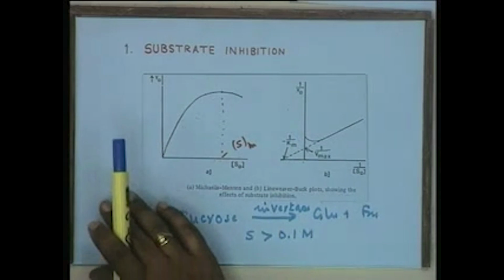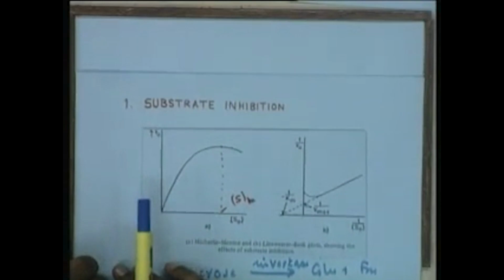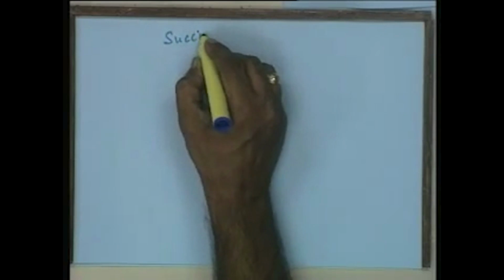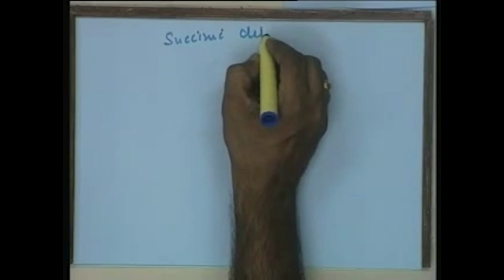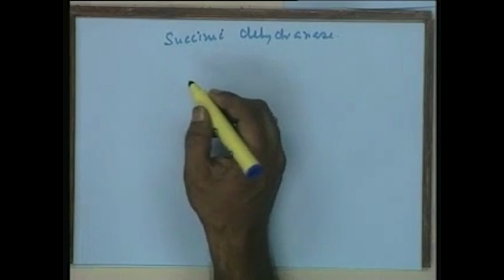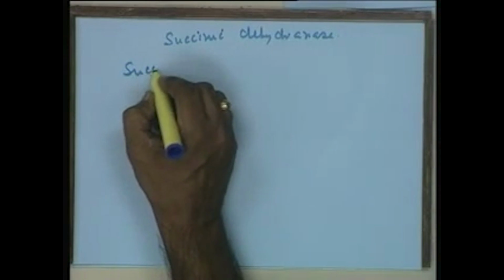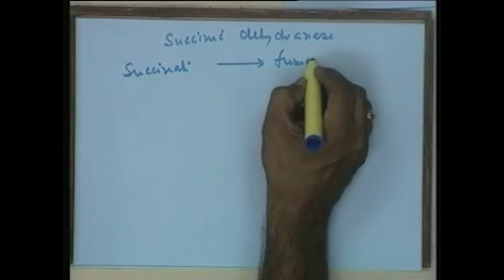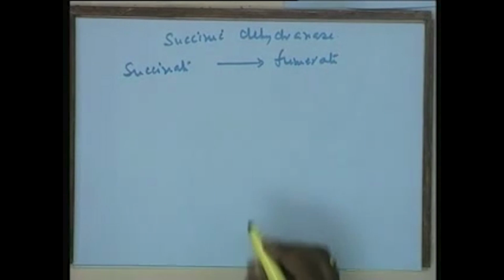Another example of substrate inhibition is succinic dehydrogenase, which catalyzes the interconversion of succinate to fumarate, essentially a reaction which catalyzes the formation of a double bond. Now succinate as a substrate has two carboxylic groups.